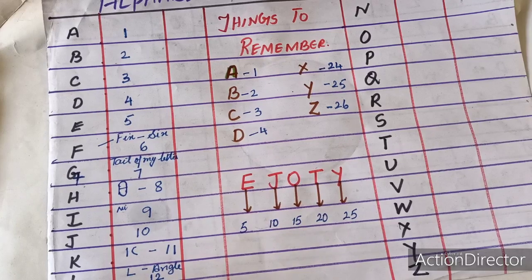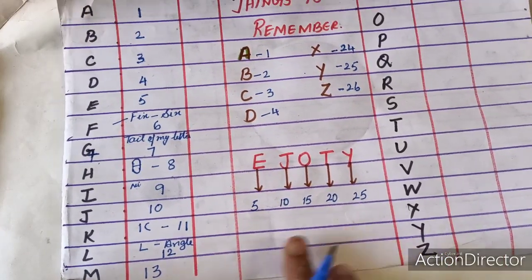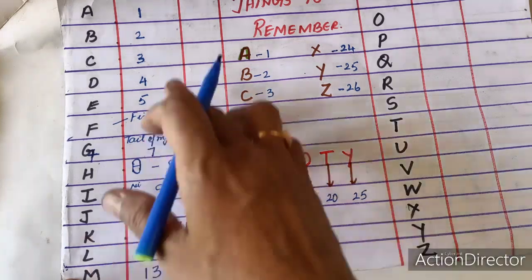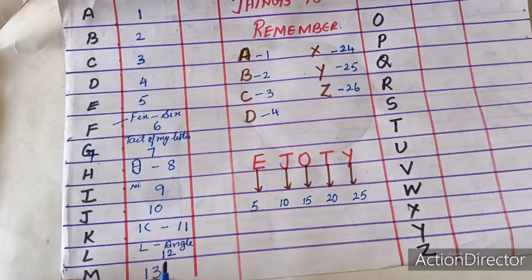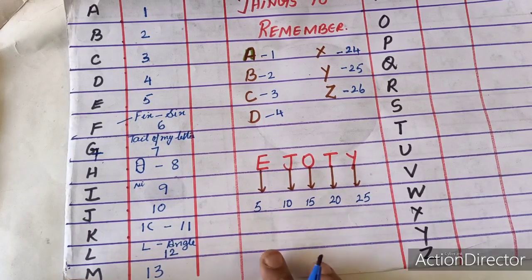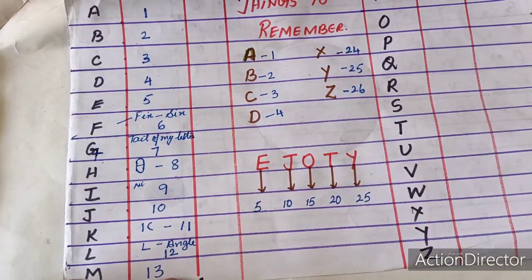So M stands for 13. It looks like 3 if you tilt it, and naturally it is more than 3, so it is 13, and it is also half of 26. Hope you understood how to remember from A to M.